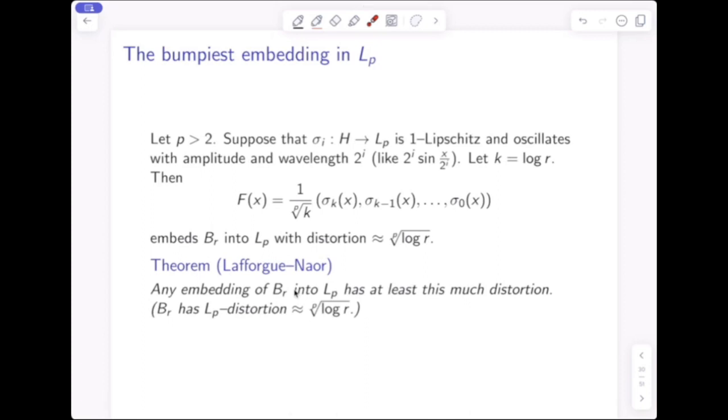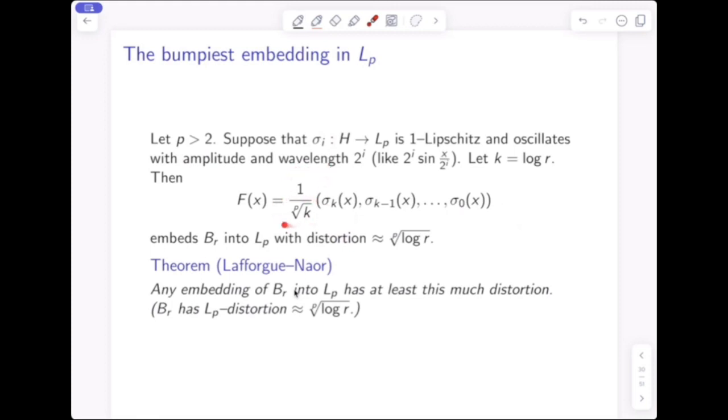And you can do that. First, when p is bigger than 2, then you can modify this construction to construct better embeddings into Lp than in L2. You take these same oscillators, sigma k. You do this same construction where you construct a map which uses one of these oscillators in each coordinate, and in order to make that map 1 Lipschitz, you need to rescale.